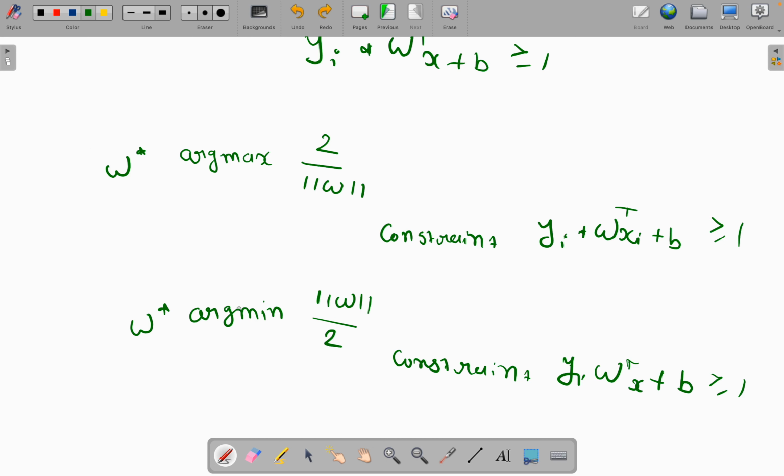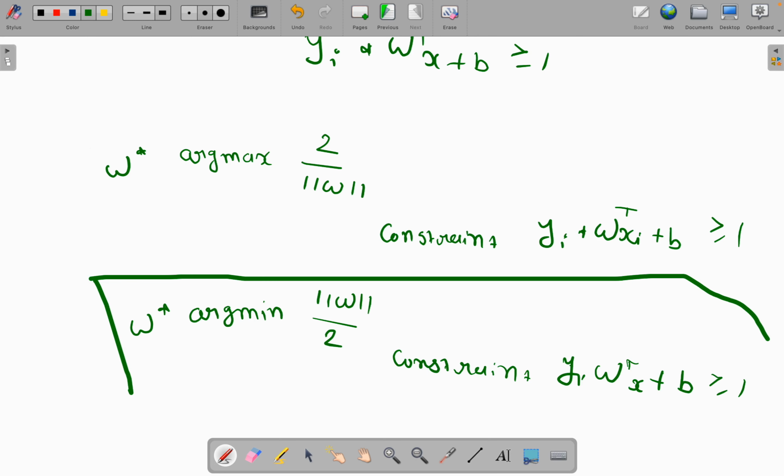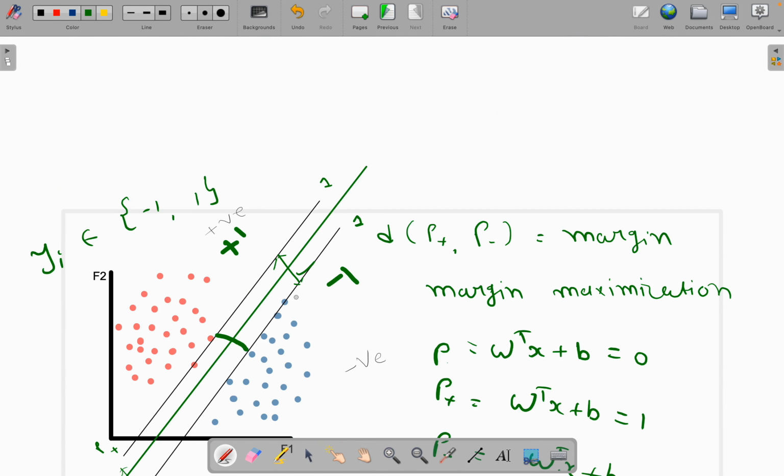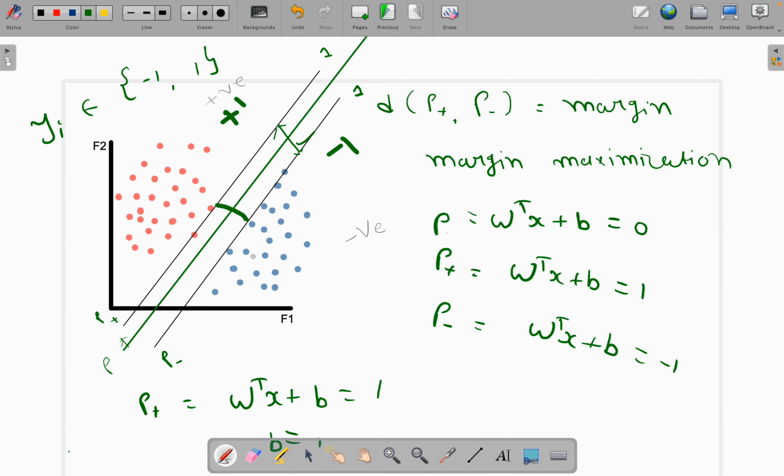Okay, so here if you see this is the formula, right? Here in our constraint there is one problem, right? We are saying for each point we need yi W transpose xi plus B greater or equal 1. That means all our data points should be perfectly separated linearly, right?